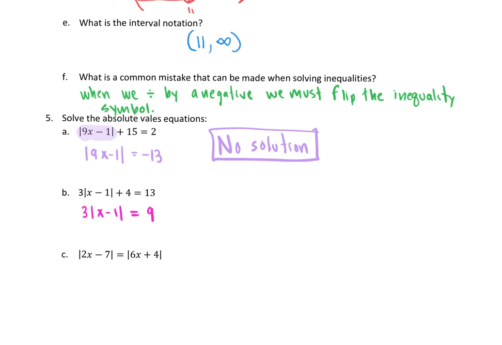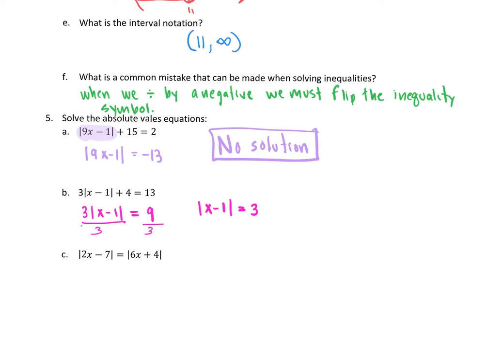Or if I want to, I can divide both sides by 3. I think in this case, it's easier to do that because 9 divided by 3 is a clean number. If that were like an 8 divided by 3, I probably wouldn't want to do that because I don't want to have a fraction that I don't need.